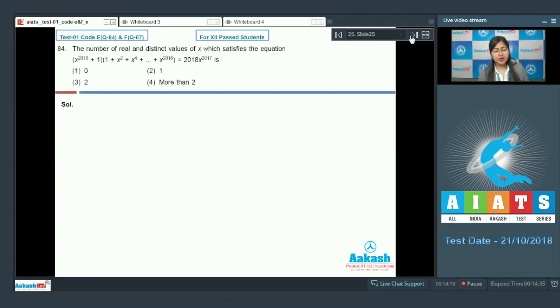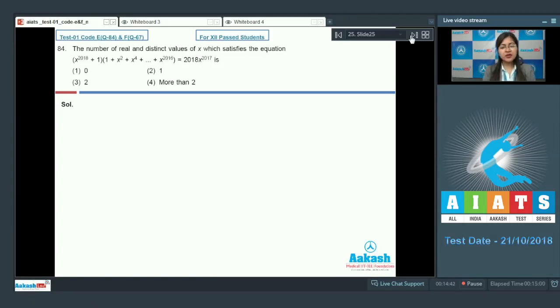Next is question number 84, which says that the number of real and distinct values of x which satisfies the equation x raised to the power 2018 plus 1 into 1 plus x square plus x4 plus up till x raised to the power 2016 is equal to 2018 into x raised to the power 2017.